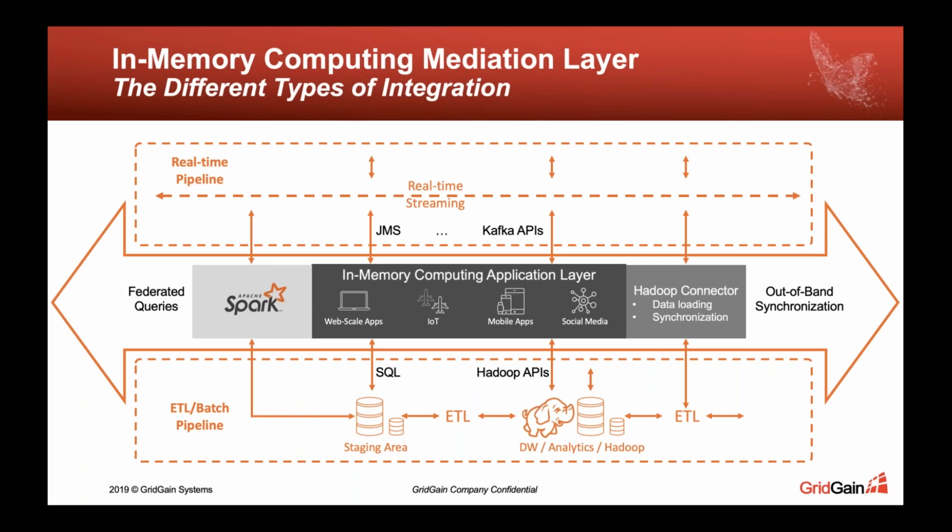The second one is some kind of federated query layer. In this case, I labeled it as Spark because that is actually the cheapest, most open source approach. You can use Spark SQL as a federated query across Hive, across standard SQL sources. It's pretty straightforward. So that's what we do at GridGain. But there are other approaches.